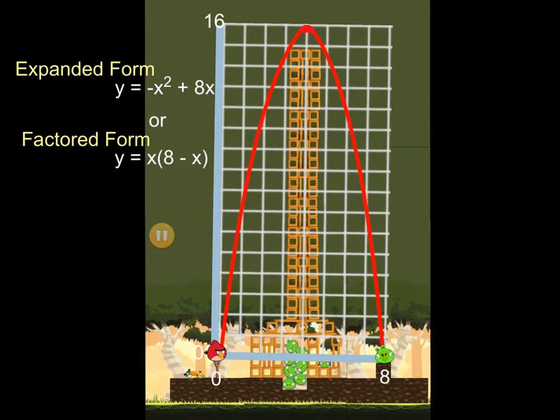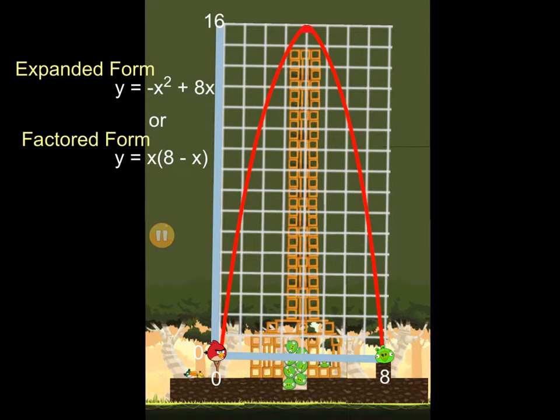So you know you're looking at a quadratic equation when you see that you have a variable to the power 2. No higher power than that, exactly to the power 2. Or if you see that you will have a variable times a variable, times the same variable, which will also make to the power 2.